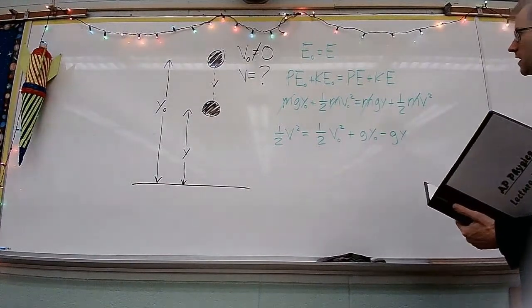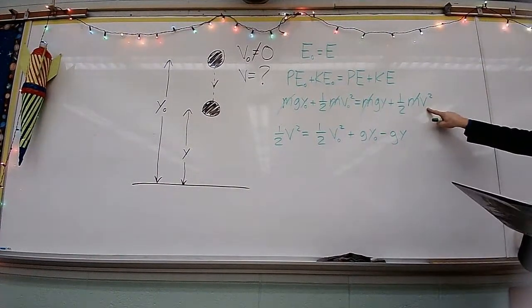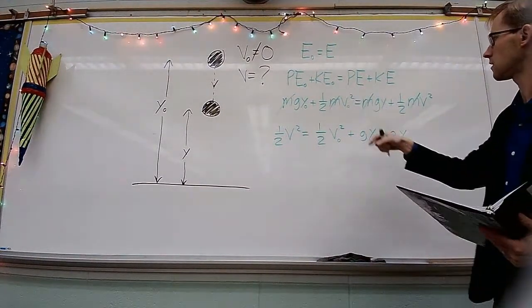So again, what I did here is I got this 1/2 v squared by itself by throwing this gy to the other side.